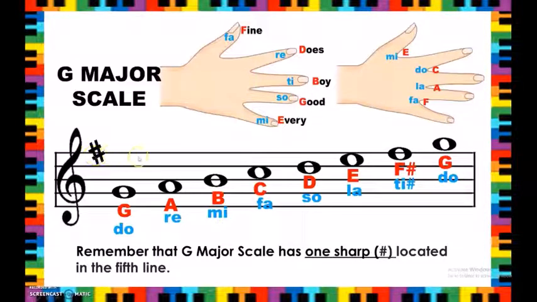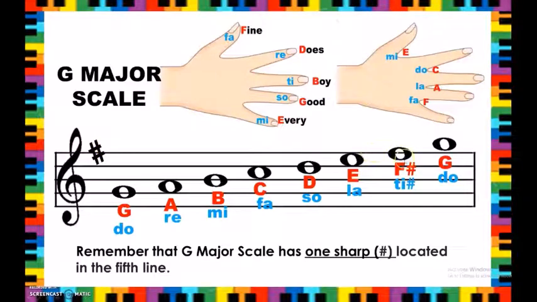Now, the key of G major is a major scale based on the pitch of G. Okay, it starts with G, that is why it is G major, then A, B, C, D, E, and F sharp, and then G again. Its key signature has one sharp, which is F sharp.